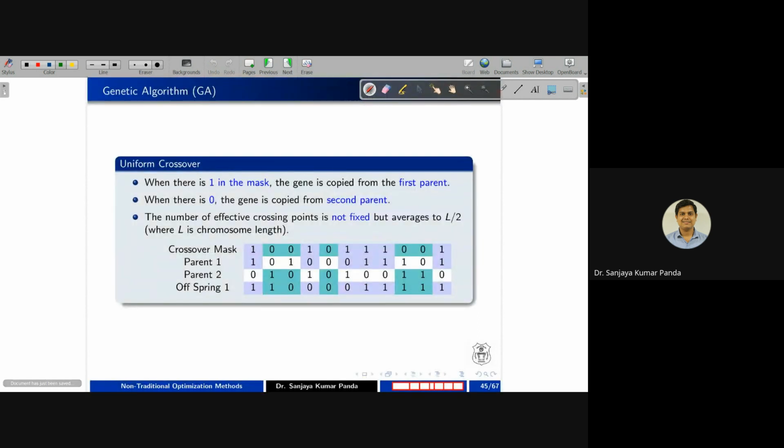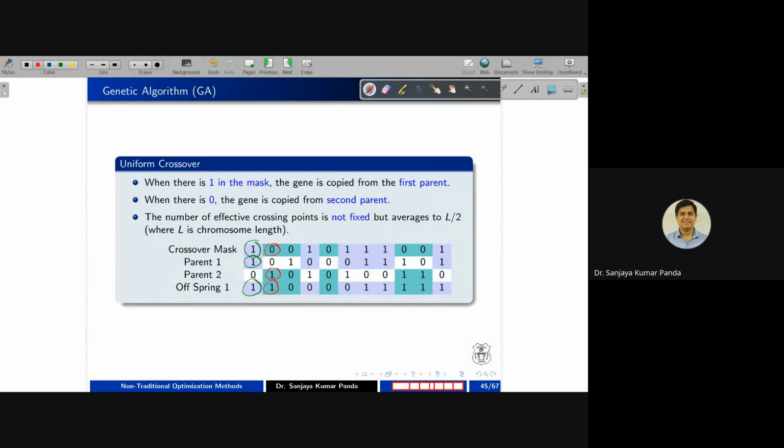There is also uniform crossover by taking a crossover mask. Previously I told you about interchange, but here there is a crossover mask. What does the crossover mask do? If the value is 1, then you will take from the first parent. You can see, if it is 1, the offspring is taking from parent 1. But if the crossover mask is 0, it is taking from parent 2.